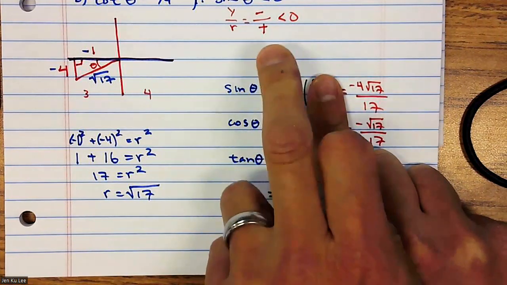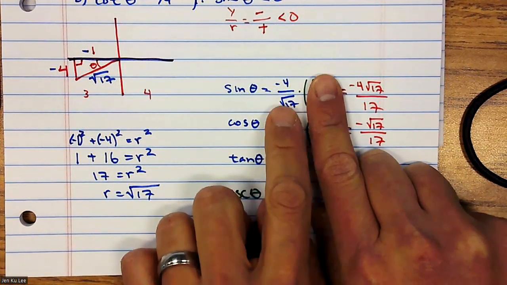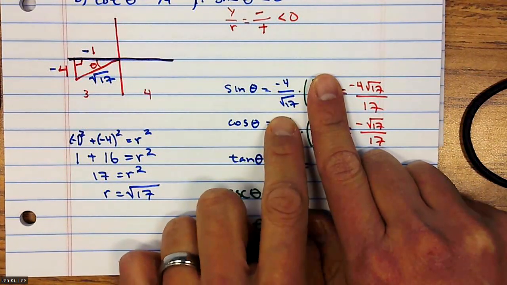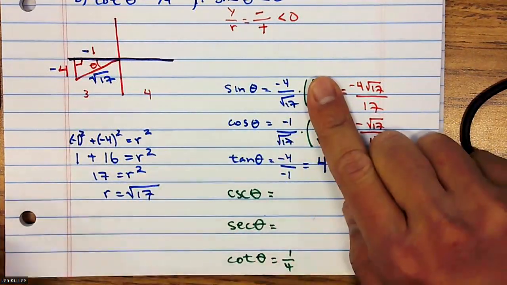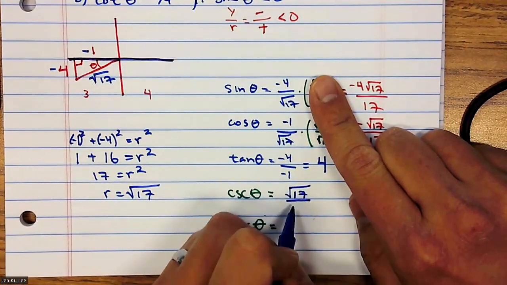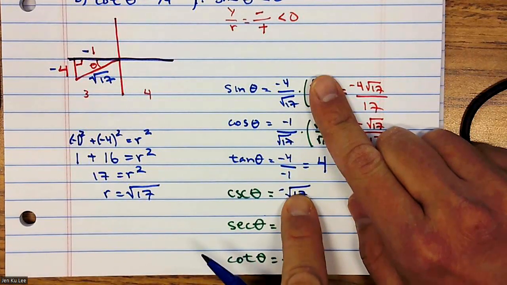It's always going to be the blue, because the square root is in my denominator, and when I take the reciprocal, it puts it in my numerator.